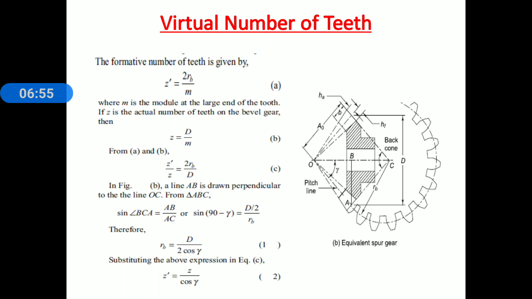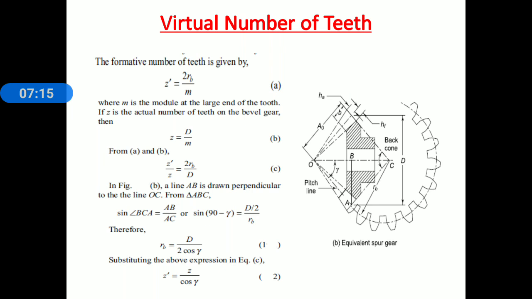Now here we consider triangle ABC. Sin BCA is equal to, as you know, front side to the hypotenuse. Front side is AB, hypotenuse is AC.